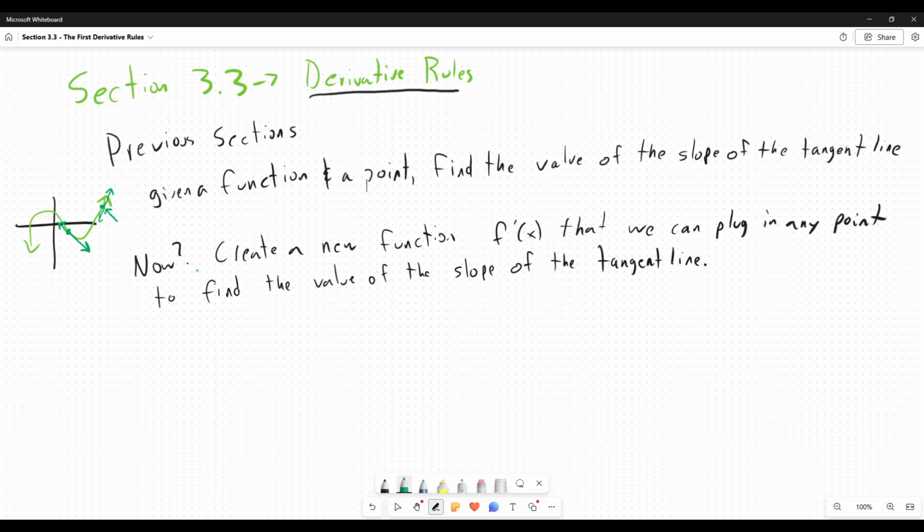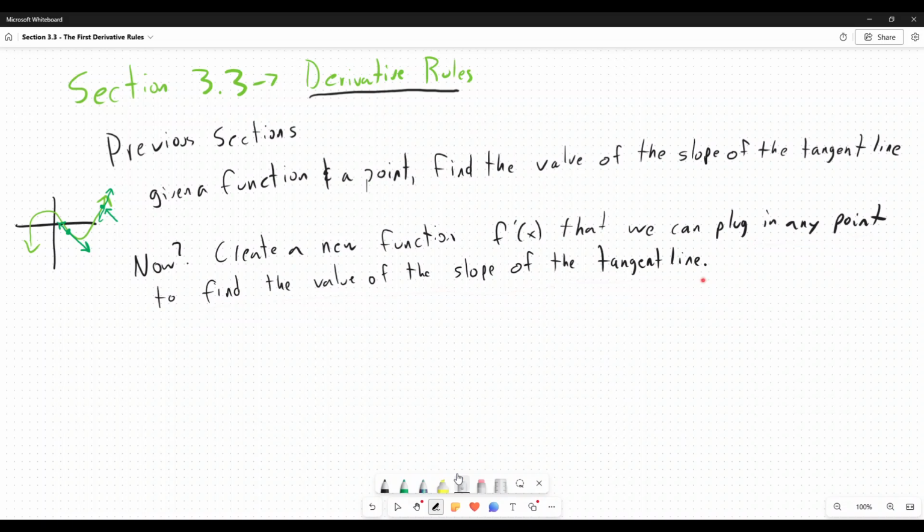And so the idea is, what we want to do instead is create a new function we call f prime that we can plug any point into to find the value of the slope of the tangent line.